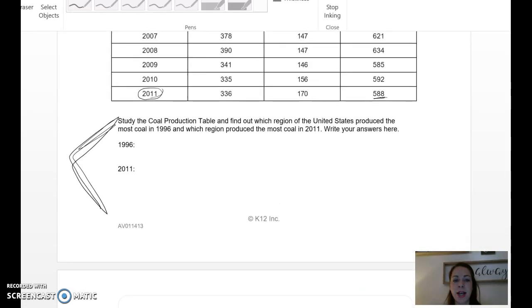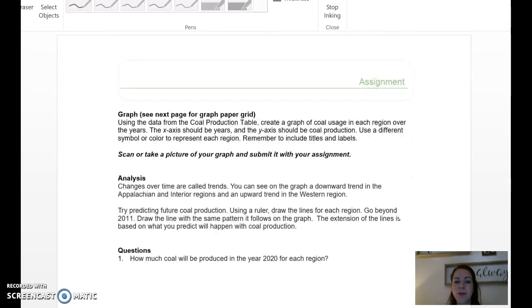And then it also says in 2011, so again, find 2011 and which region had the most coal. You will be writing Appalachian, Interior, or Western for that, and also Appalachian, Interior, or Western, whichever one, for 2011. So that's the first part.